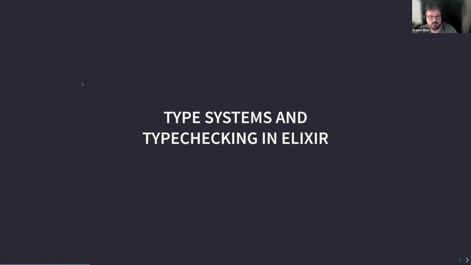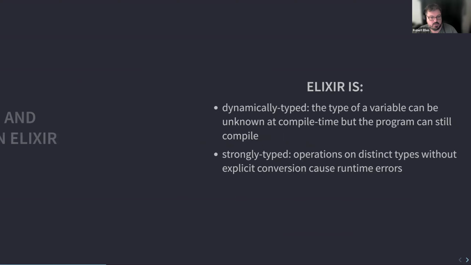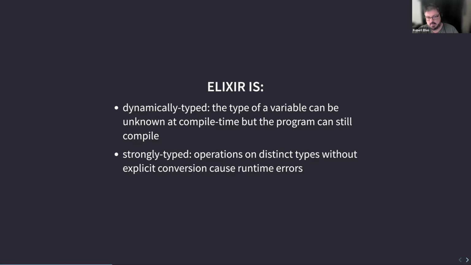So Elixir, like any programming language, is typed. It just happens to be dynamically typed. That means the types of variables can be unknown at compile time, but a program can still compile and may still run most of the time.